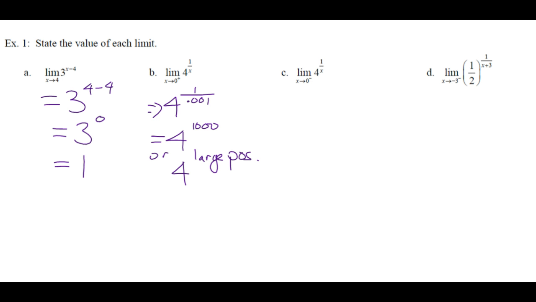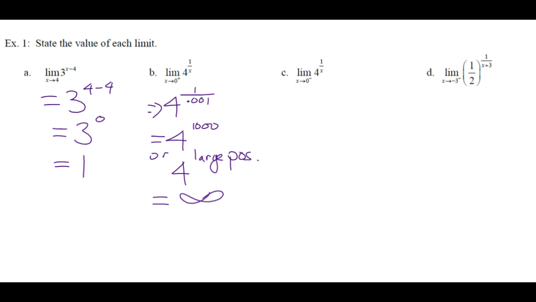What is 4 to the power of a large positive number? Big number. How do we say big number? Infinity. So the closer we get to 0 from the positive side, the larger 1 over x gets, and it is positive. So we have 4 to a really large positive number, like 100 trillion, and that's going to be even bigger, so it's going to be positive infinity.